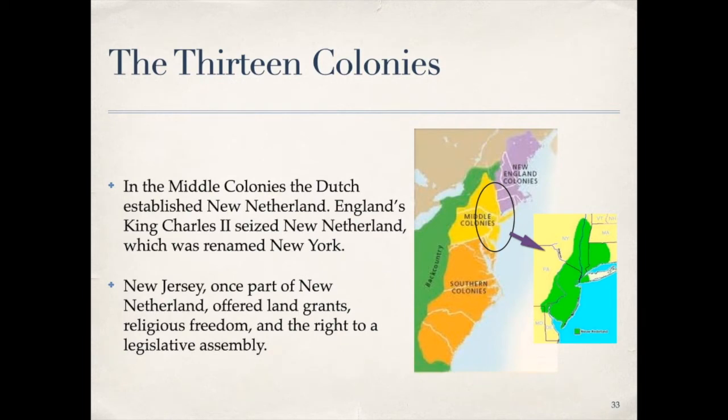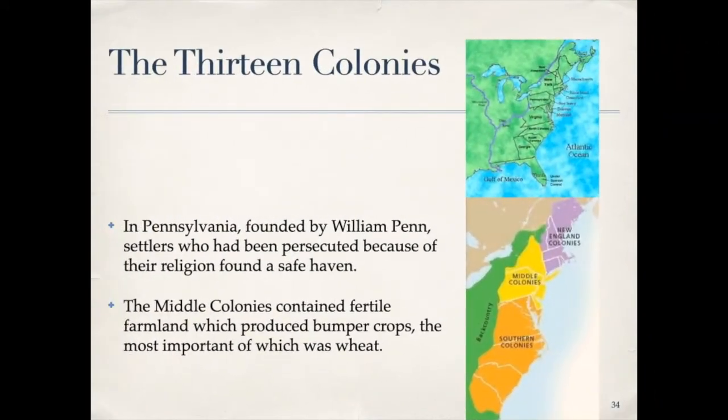In the Middle Colonies, the Dutch established New Netherland. England's King Charles II seized New Netherland, which was renamed New York. New Jersey, once part of New Netherland, offered land grants, religious freedom, and the right to a legislative assembly. In Pennsylvania, founded by William Penn, settlers who had been persecuted because of their religion found a safe haven.